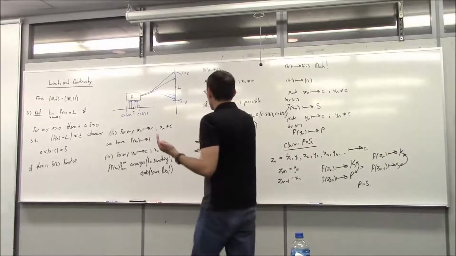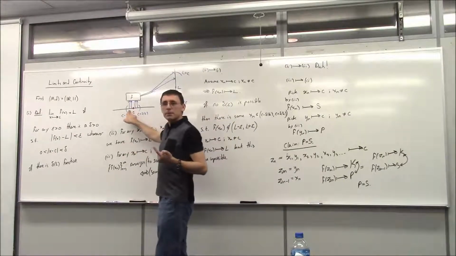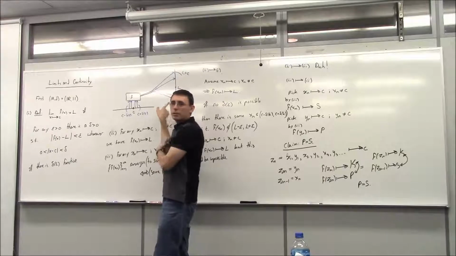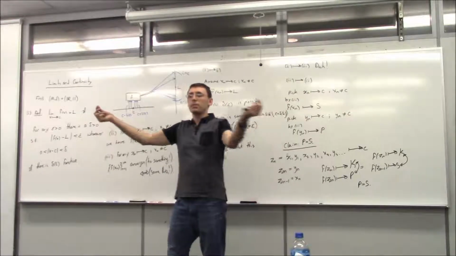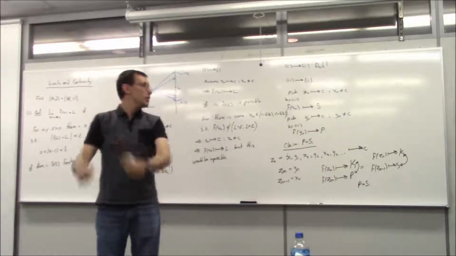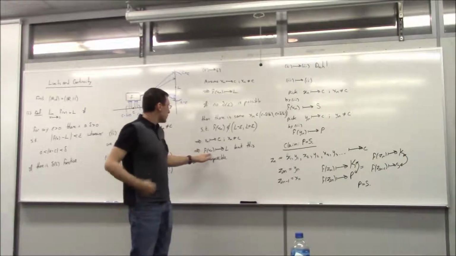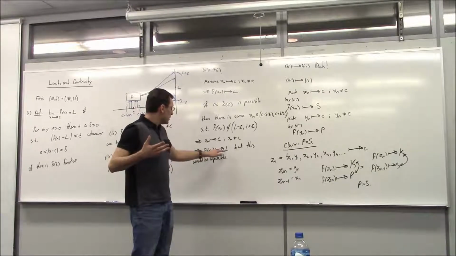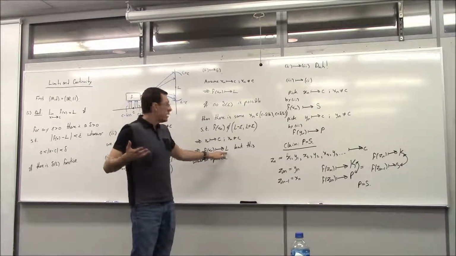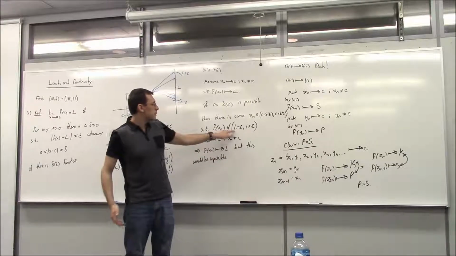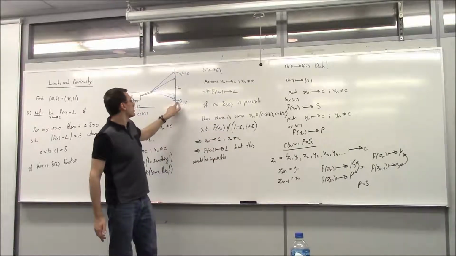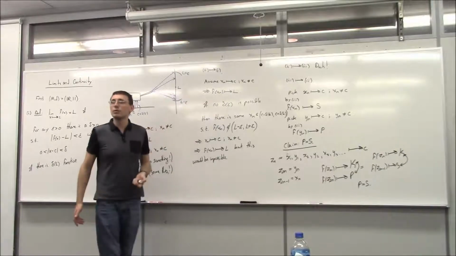So I can take sample points that are squirting out of the interval, and those sample points converge to C. But then the sequence of f of xn must converge to L. But it cannot because all the sample points are squirted outside of this boundary. So none of them actually enter this neighborhood.